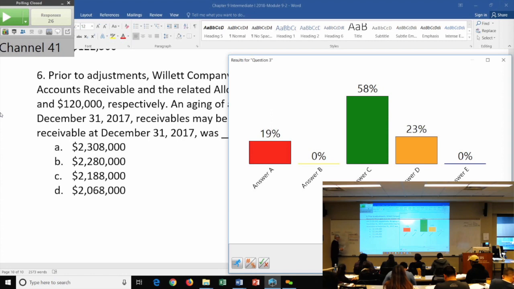Now, they told you that ending balance came from the aging. So you already have it. It's just basically the 2188. You didn't have to do anything. This problem required nothing except subtracting the two numbers.